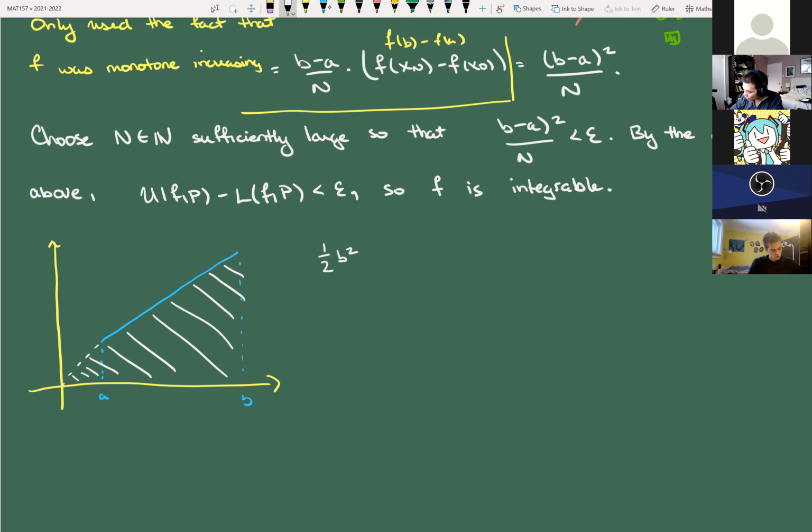And then I'm going to subtract, maybe let me put it in red, this rectangle here. And that should give me the area of the blue bit. Does everyone agree? If I subtract the red stuff from the white stuff, that should just give me this blue stuff.